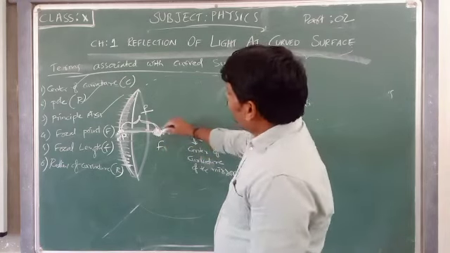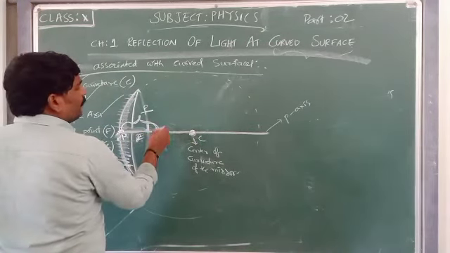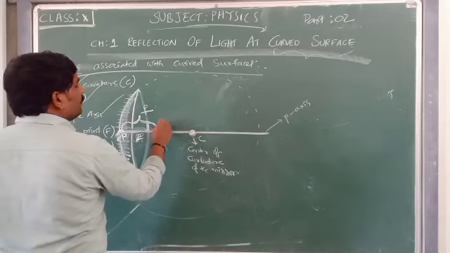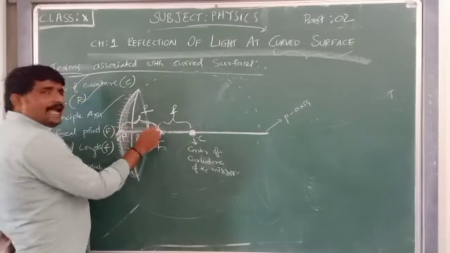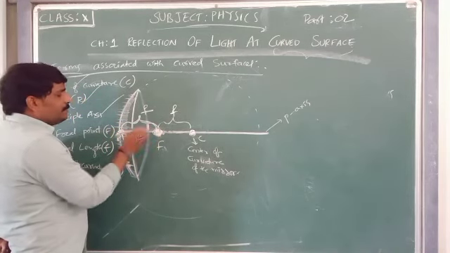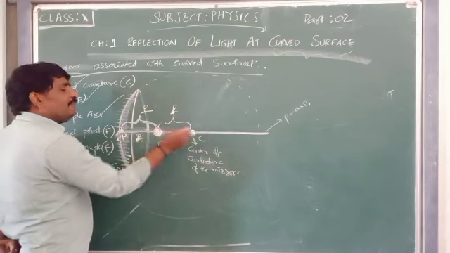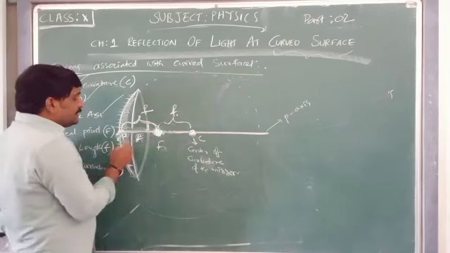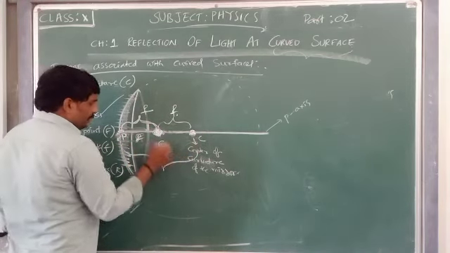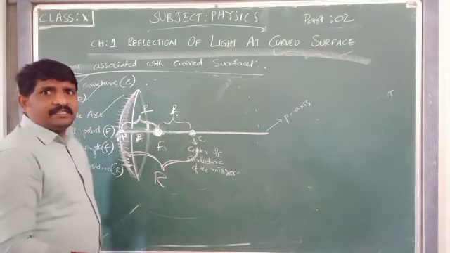Suppose it is f distance from pole to focal point. From focal point to the center of curvature will also be f, because the focal point is the midpoint. The distance from the pole to the center of curvature will be the radius of curvature.